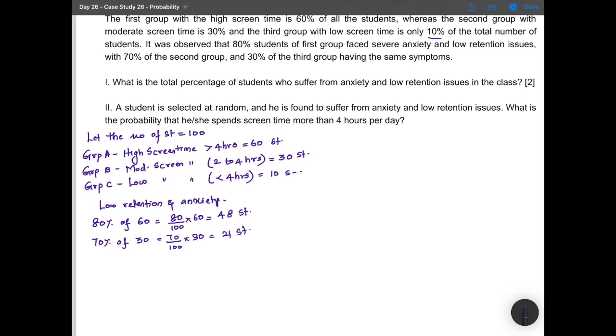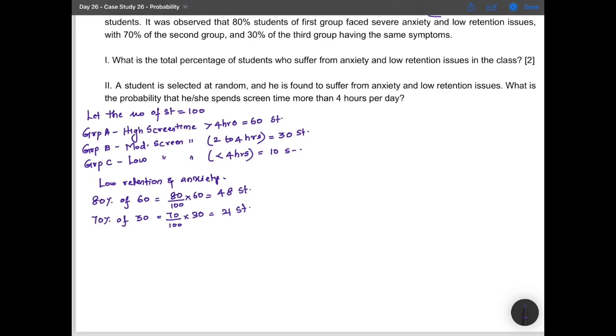Out of the 30 students, 21 students are having low retention and anxiety issues. 30% of third group, that is 30% of 10 students, which is 30 upon 100 times 10, that is 3 students. So this means in group C category, we have 10 students, and out of the 10 students, 3 students suffer low retention and anxiety.